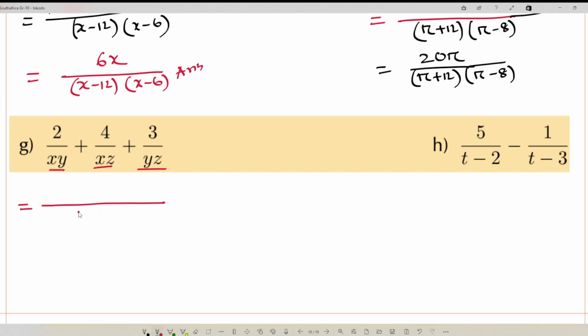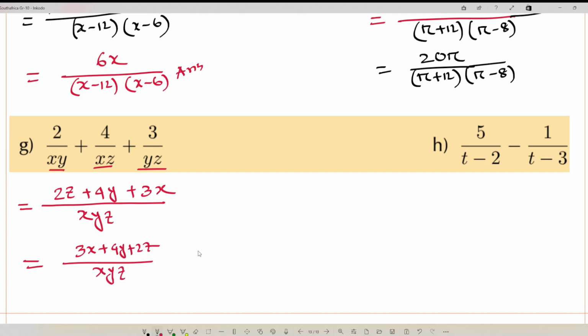So here LCM is xyz. Therefore once we divide xyz by xy, we get z, times 2, plus 4y and 3x. So we can write like this: (3x plus 4y plus 2z) divided by xyz. This is our answer. Very simple.